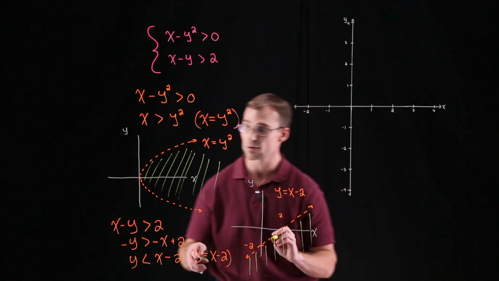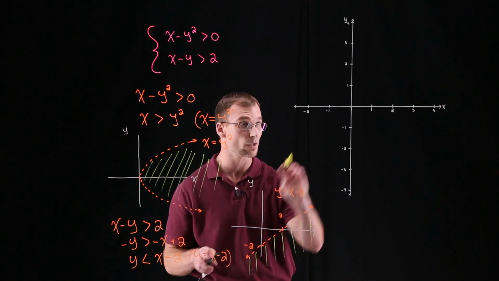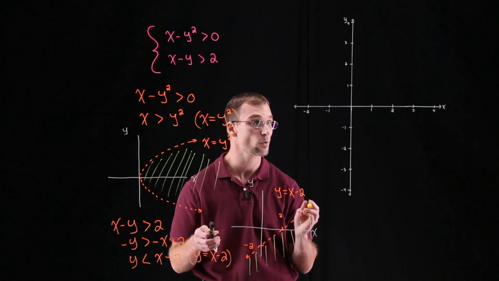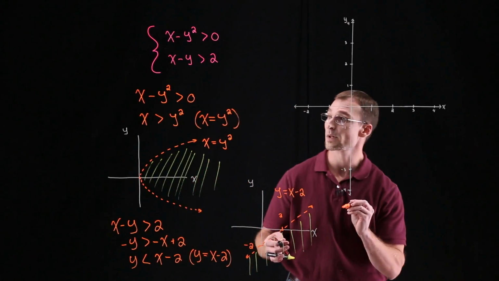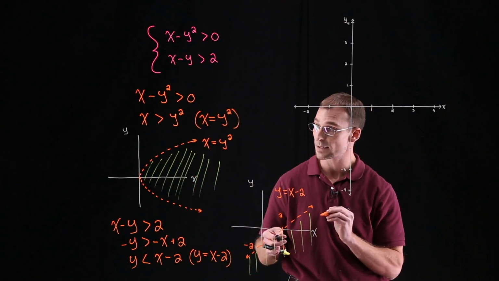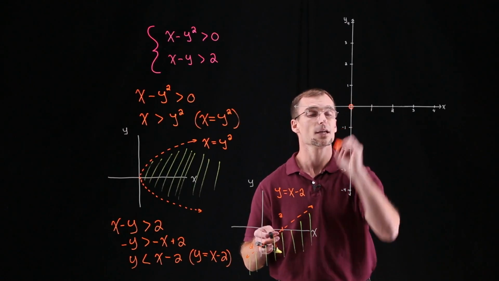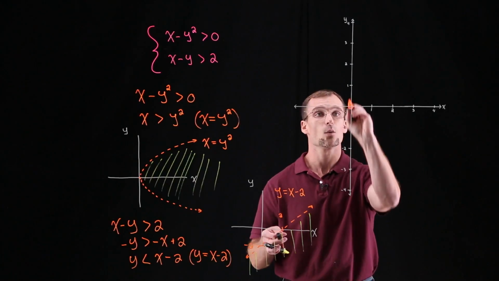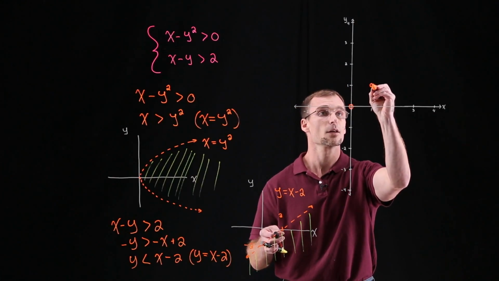So we'll graph our line and our parabola in one graph and then see what region overlaps with both. Let's start with the equality x equals y squared, with vertex at the origin. When y is equal to 1, x is 1.